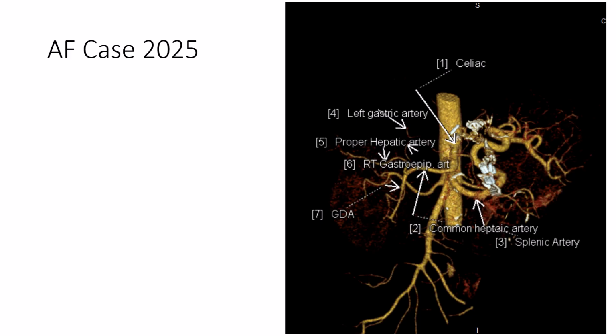This is a case of a patient that we recently treated at Baylor College of Medicine, whereby we were able to determine that the patient had a patent gastroepiploic artery, and these different anatomic structures are delineated here. The complicated anatomy was found due to the fact that the patient had had a prior gastric bypass surgery, and all of the anatomy was markedly destroyed and reconstructed in this CT-guided 3D reconstruction.